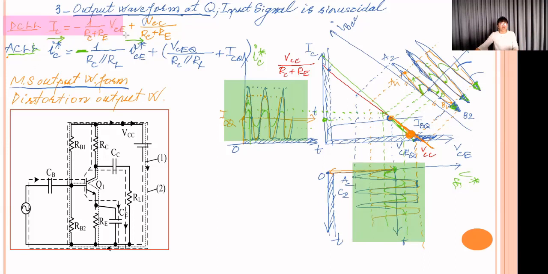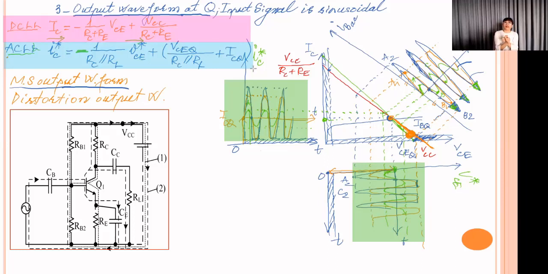The first function is the DCLL. This is an equation. Please write it down on only one slide. And the second function is the ACLL, the AC load line. In general, we have the answers ready for two questions, right?